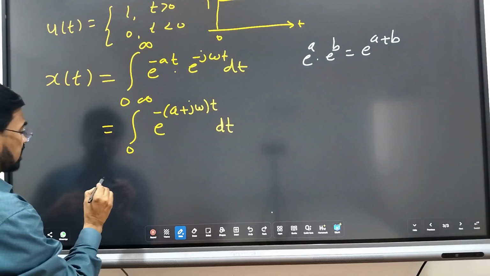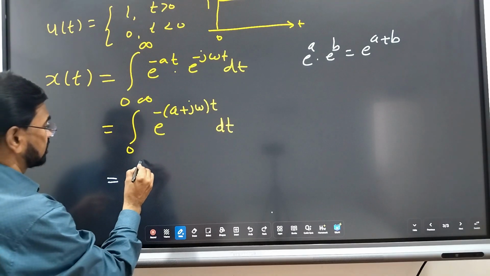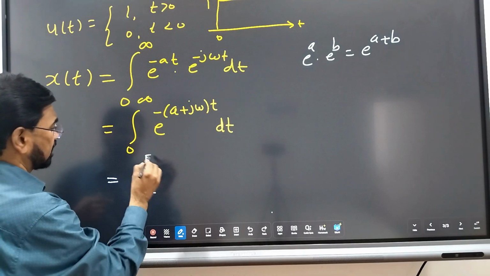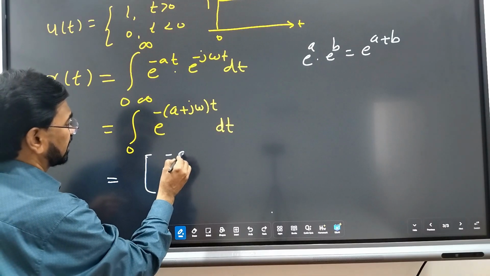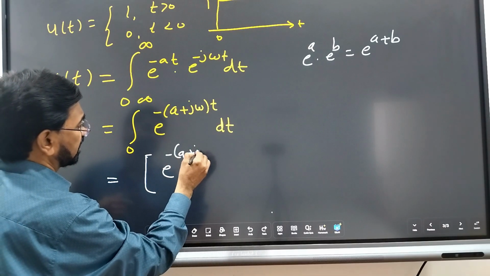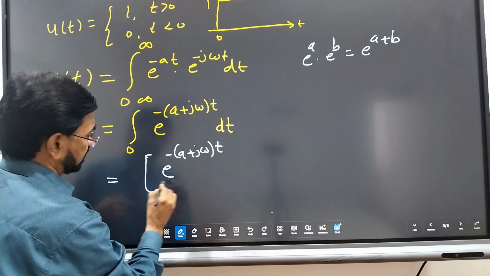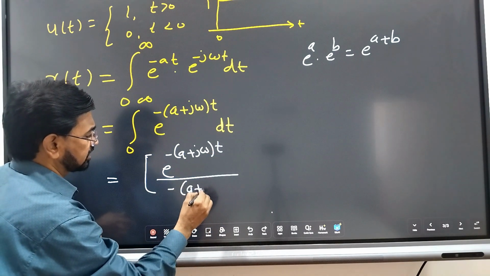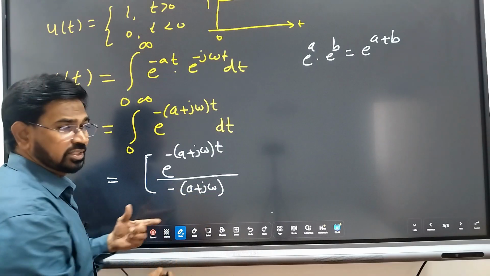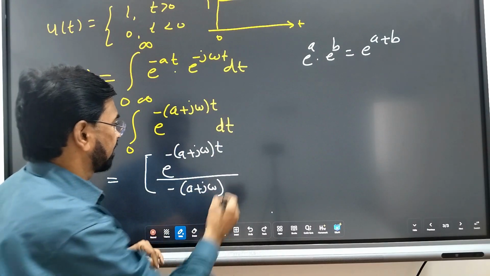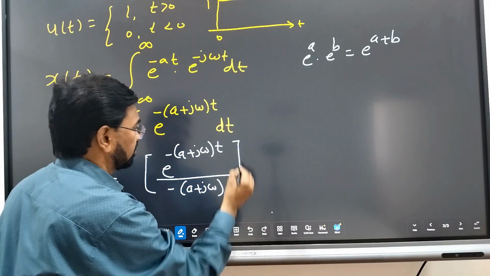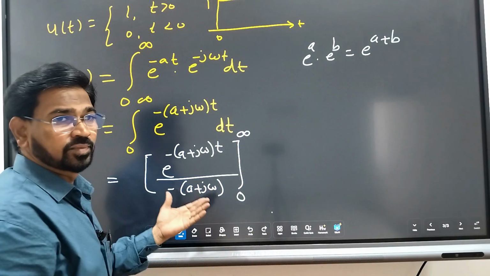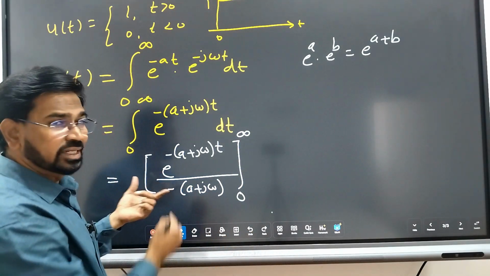Fine. Now let us find the integration of this. So it is e raised to minus (a plus j omega) t divided by minus (a plus j omega), okay, not t. T will be here, and here it is 0 to infinity. Okay. Now how we got this integration?